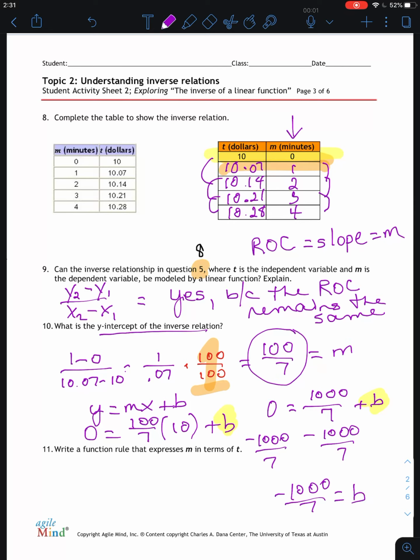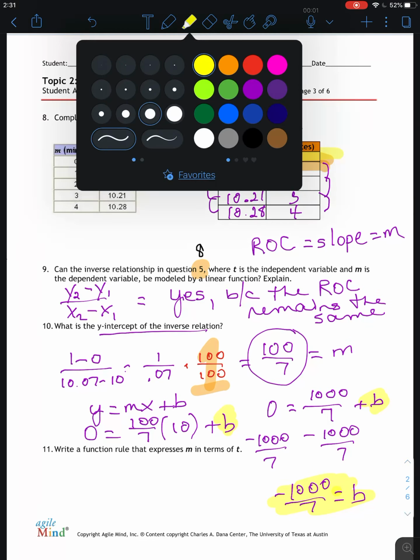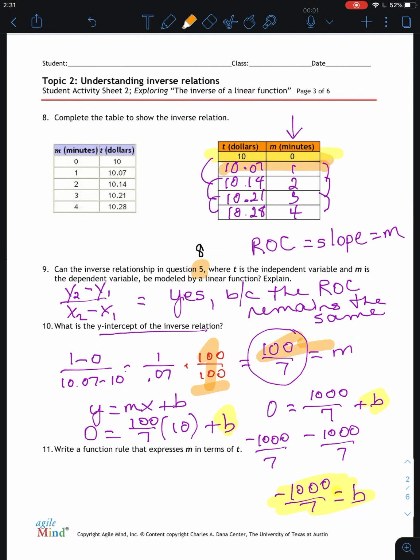So now that we have a value for b and we have a value for m, we can write the function in slope-intercept form. So we're going to use y equals mx plus b. b is a negative, so it's just going to end up being minus b.